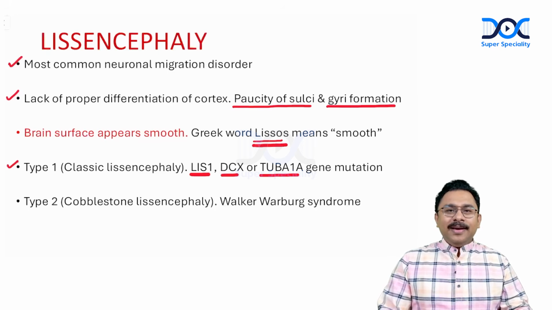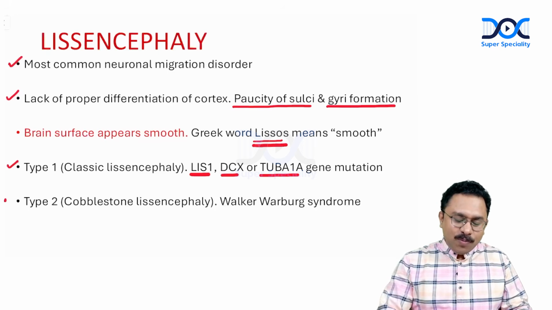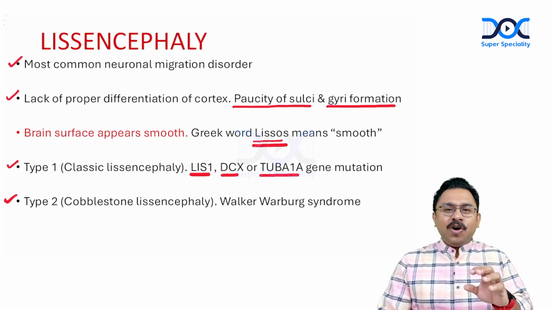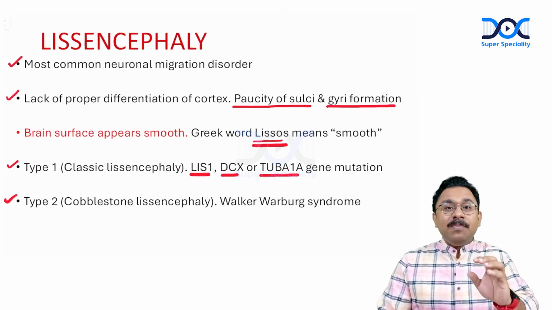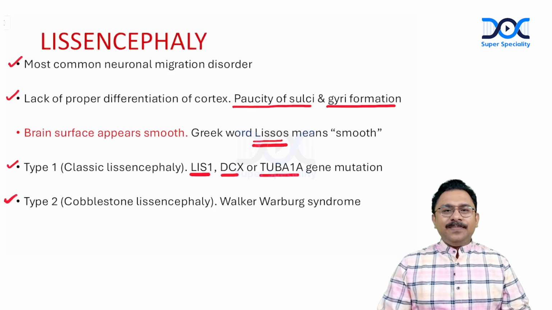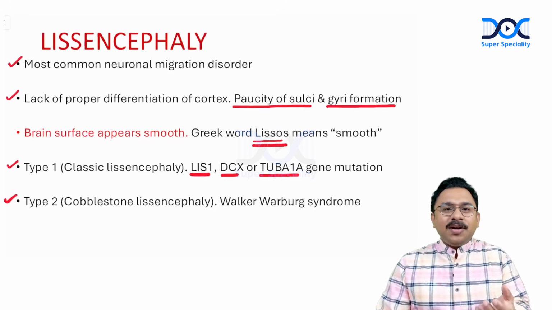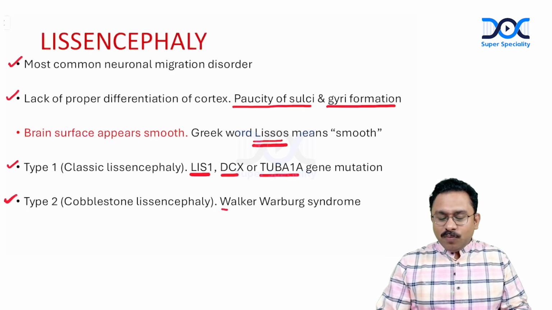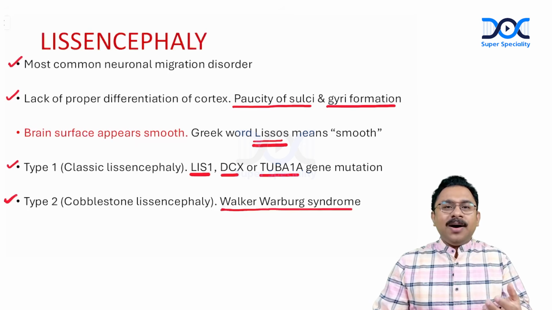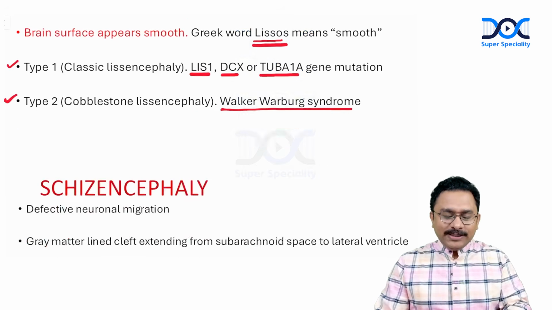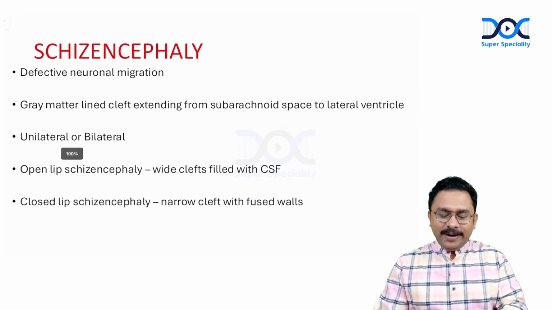And then you've got the type 2, also known as cobblestone lissencephaly, wherein you've got an irregular or pebbled surface. So this type of lissencephaly occurs as a part of various congenital muscular dystrophies like the Walker-Warburg syndrome as well as the Fukuyama muscular dystrophy as well, right? Some important points you have got to know regarding lissencephaly.